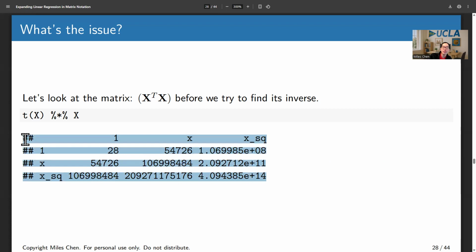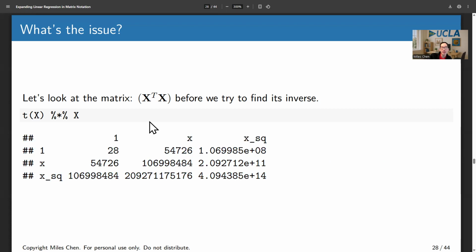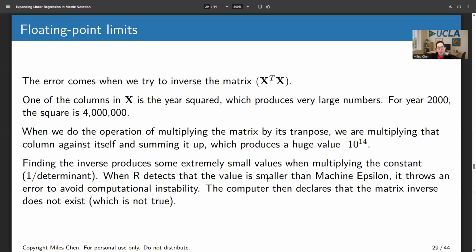And now we want to invert this, right? We want to find the inverse of this matrix. And so finding the inverse of a 3 by 3 matrix, basically at some point we are dividing by the determinant, okay, which is going to be a really big number, and basically R detects that we end up with something smaller than machine epsilon, okay?